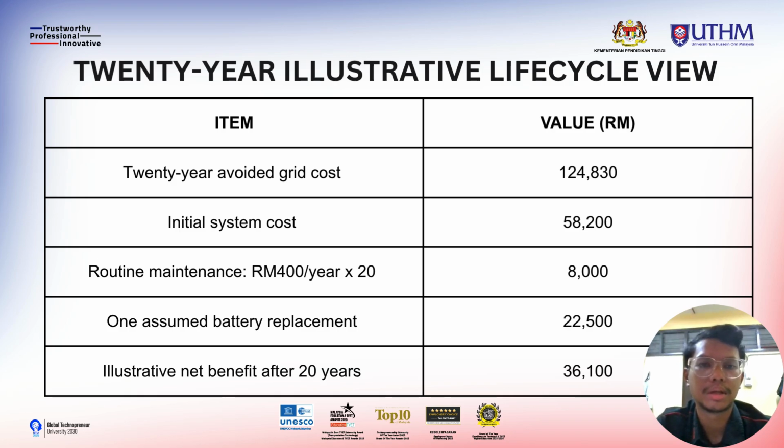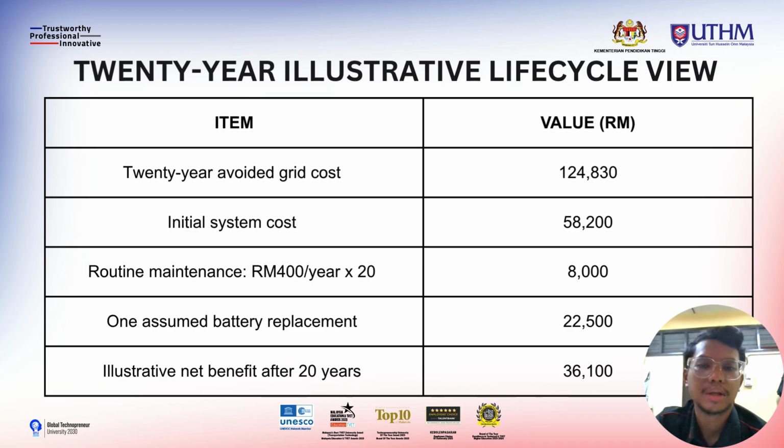For the 20-year illustrative life cycle view: the 20 years avoided grid cost equals 124,830. For initial system cost, the value is 58,200.